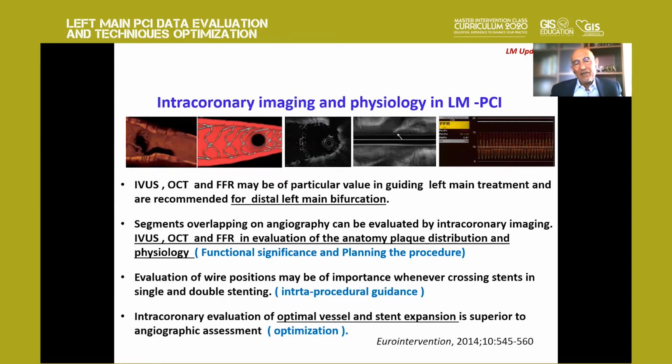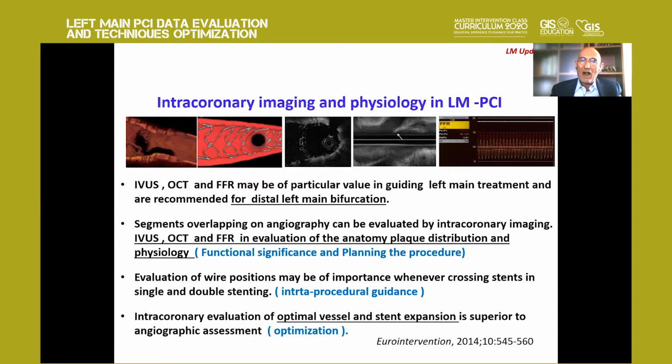I would underline again that intracoronary imaging and physiology evaluation in left main PCI is very important to define the disease before angioplasty, to guide the procedure according to the anatomy and the distribution of plaque, and then for the optimization during the procedure.